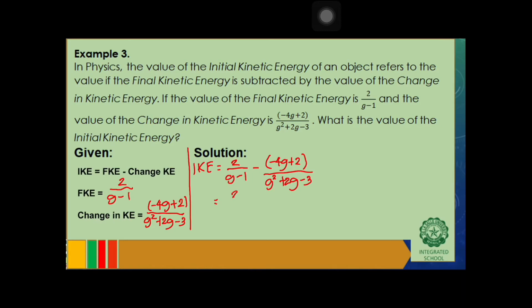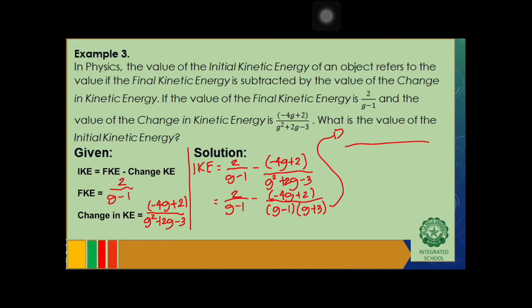So you copy 2 over g minus 1 minus negative 4g plus 2 all over the factor of g squared plus 2g minus 3, which is g minus 1 multiplied by g plus 3. After that, you can look for the LCD to make them similar.